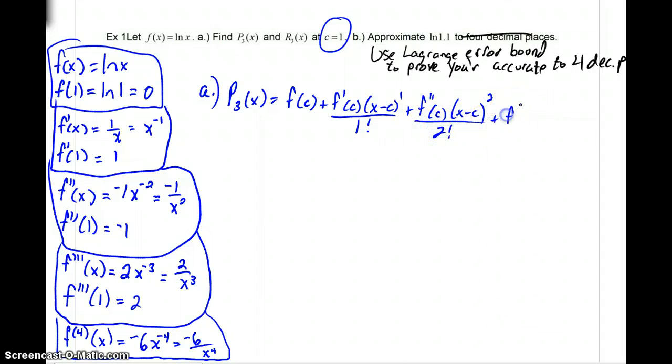And then, of course, we'll take our third derivative evaluated at c, x minus c to the third all over 3 factorial.